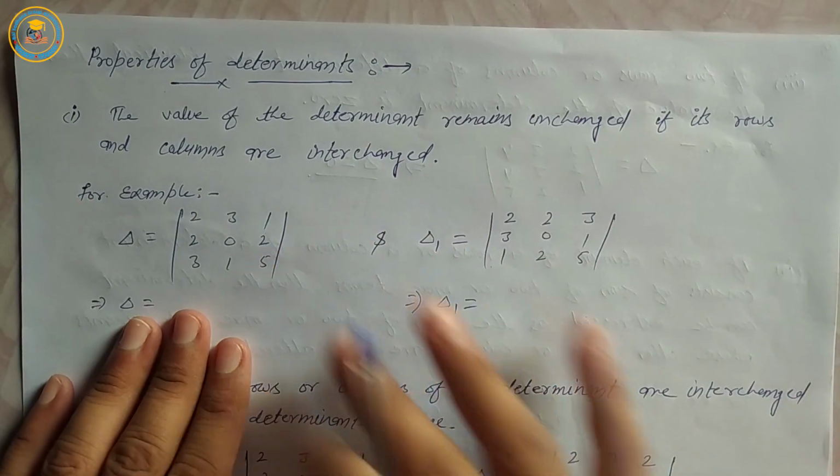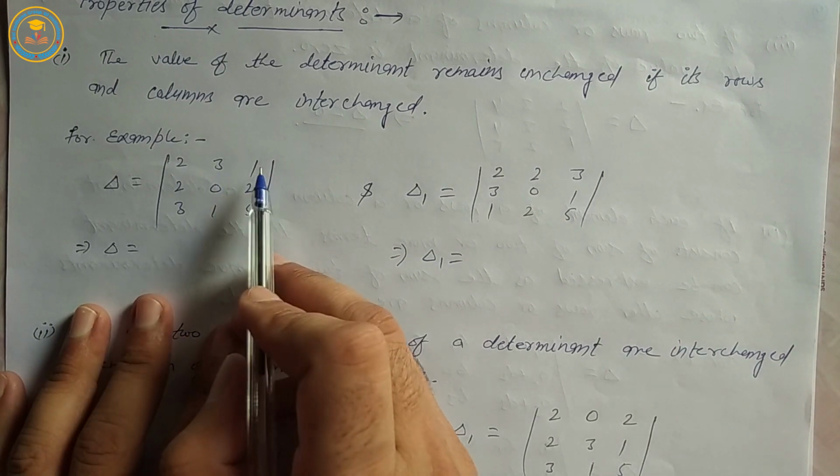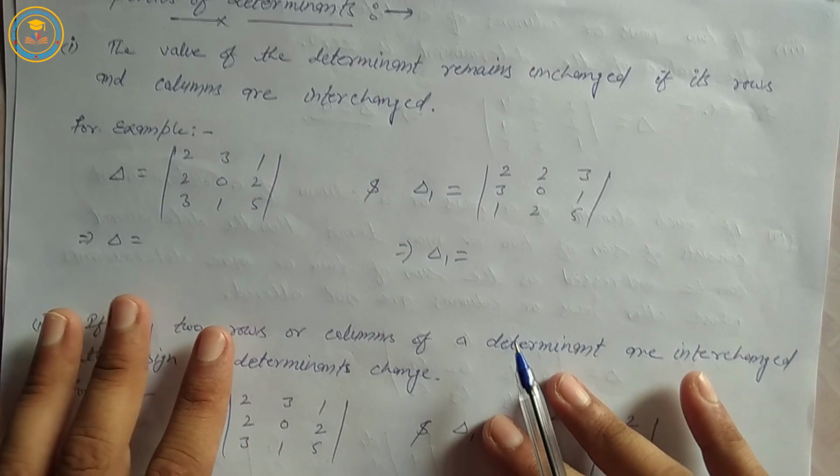For example, delta is equal to 2 3 1, 2 0 2, 3 1 5.